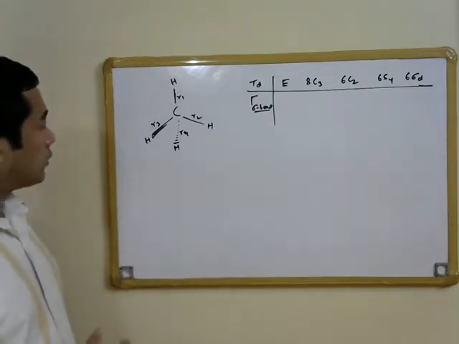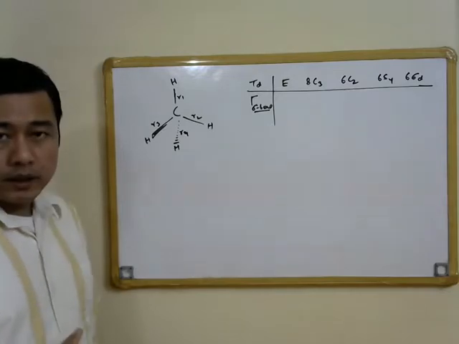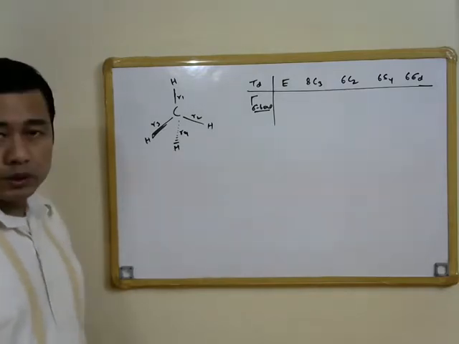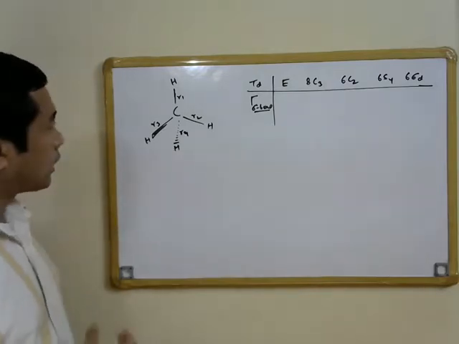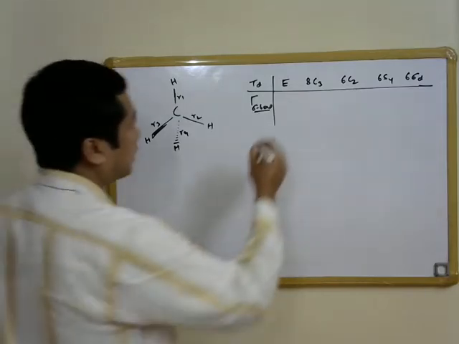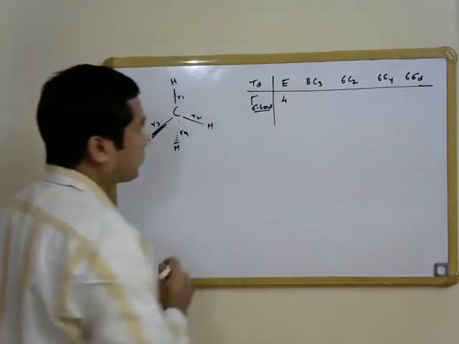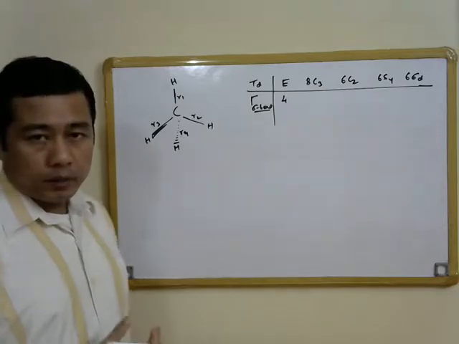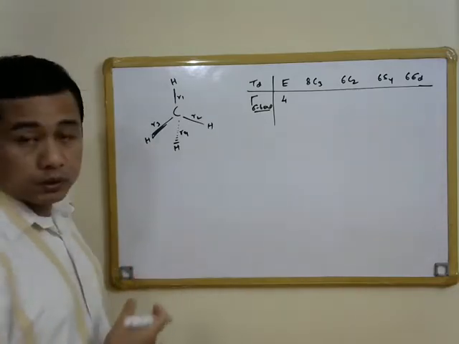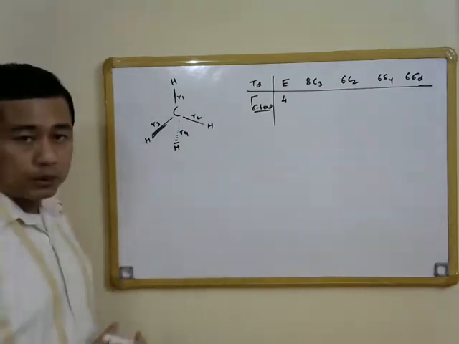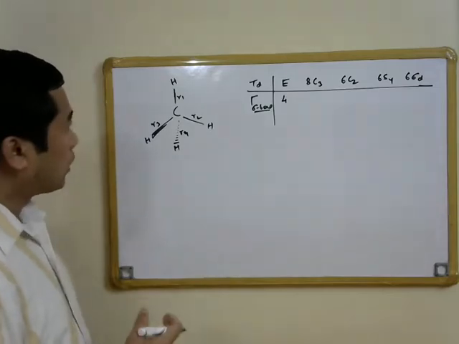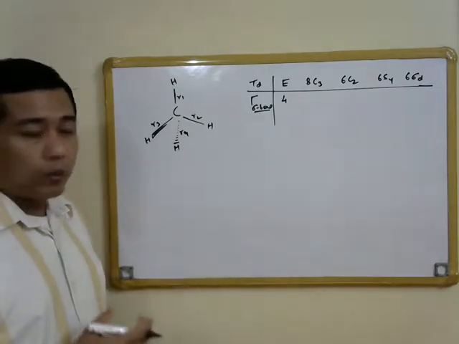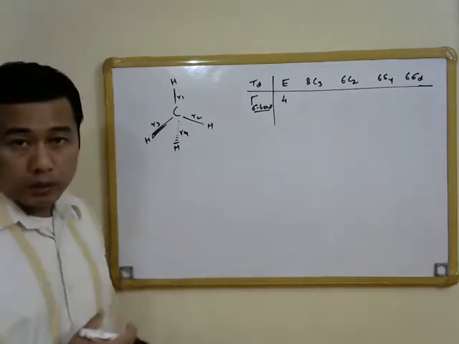Now when we do the identity operation, none of the bonds change position or direction, so the character for identity is equal to 4. When we do C3 operation, the C3 axis passes through one of the CH bonds, and only that CH bond will remain static.